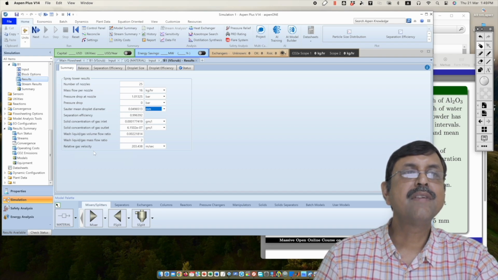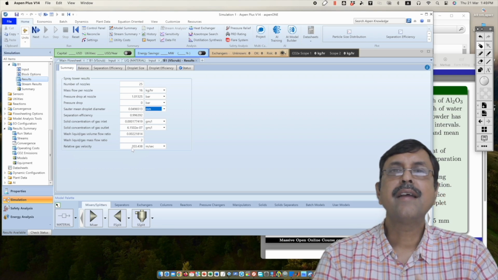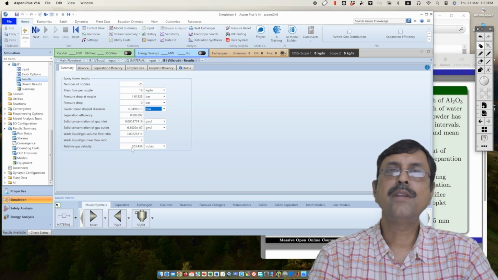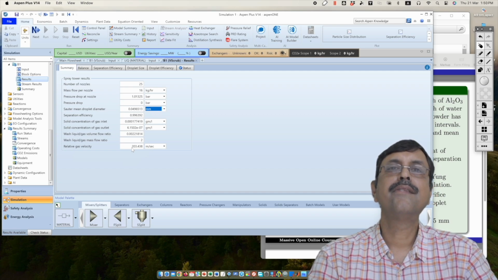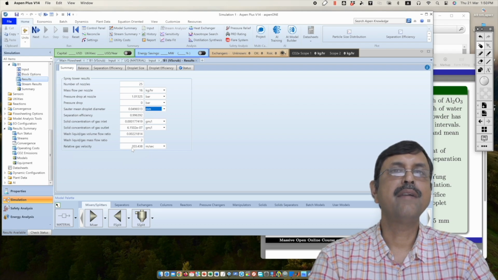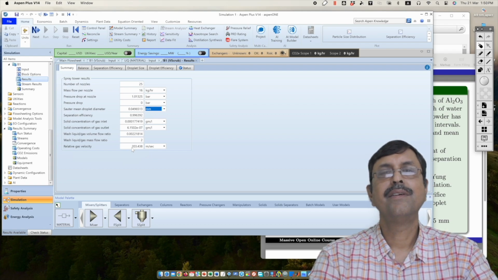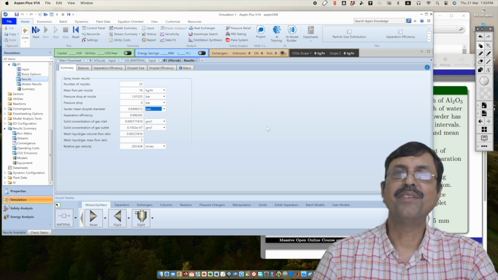And relative gas velocity has gone up to 203.438 meter per second. It has gone to a very high condition. Okay. So this is how you work with scrubber. So you can design your scrubber as well as simulate the scrubber if you have enough information. Okay. And this way you can practice further.